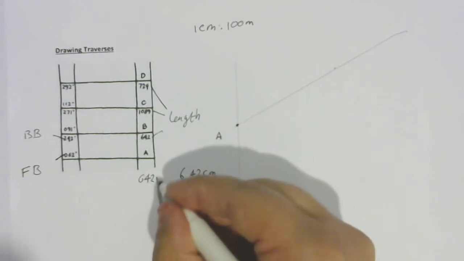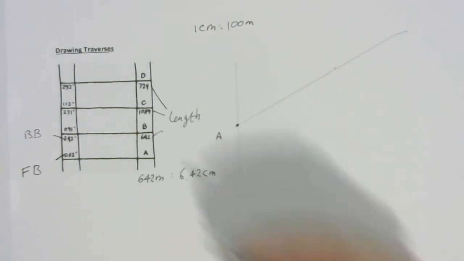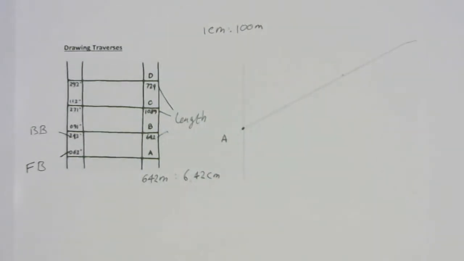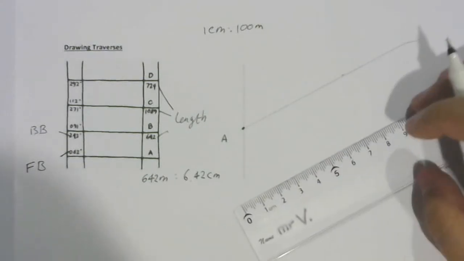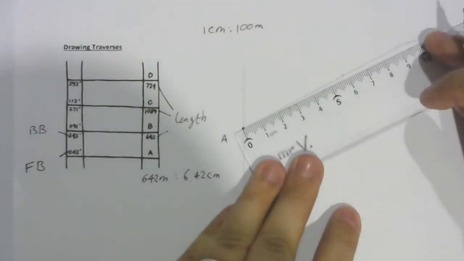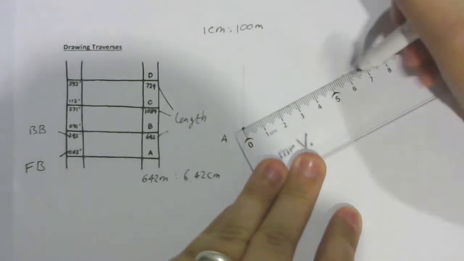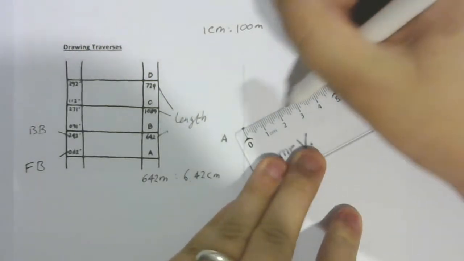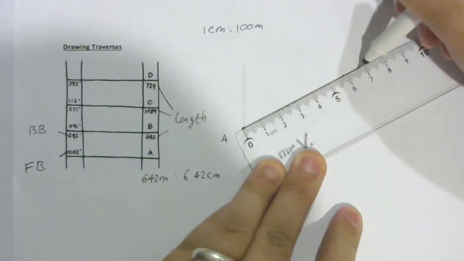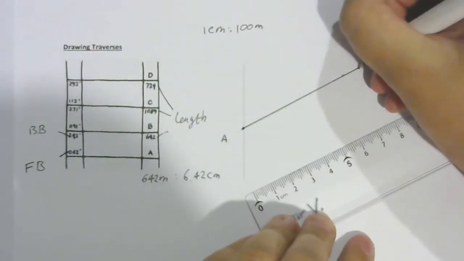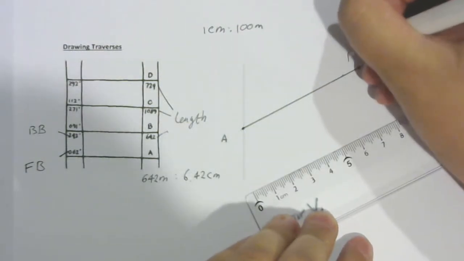I should fully write that out. There we go. And then using my ruler, I'm going to measure out 6.42 centimeters. So 6 centimeters, 4 millimeters, and I'll just have to do my best judgment on the 0.2 millimeters. There's point B.